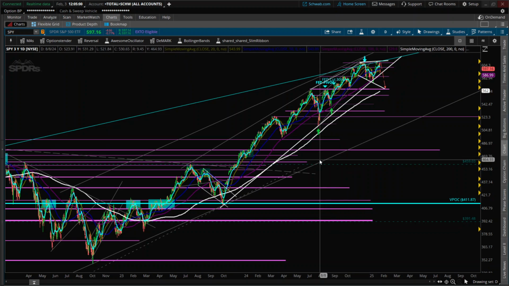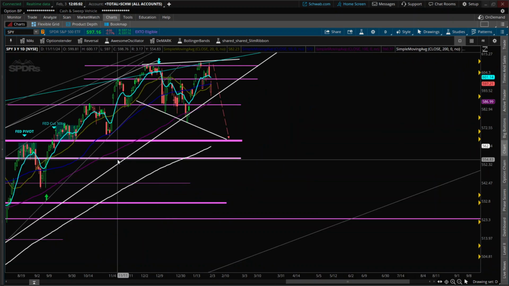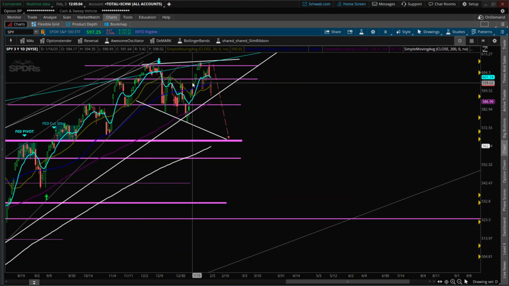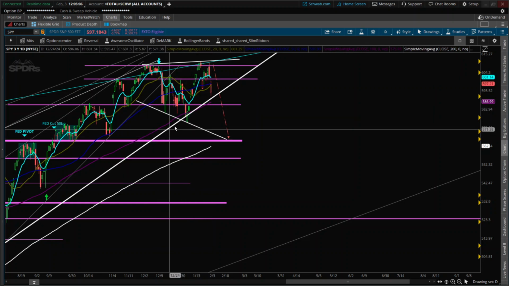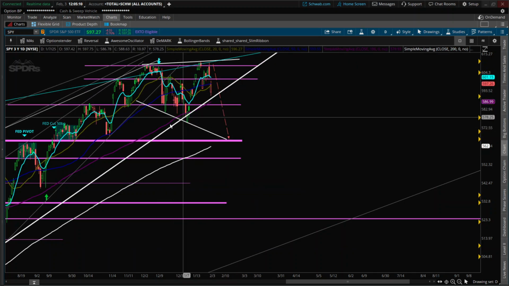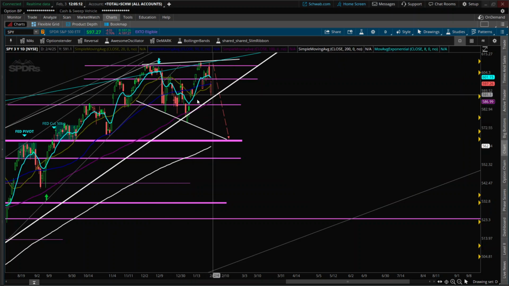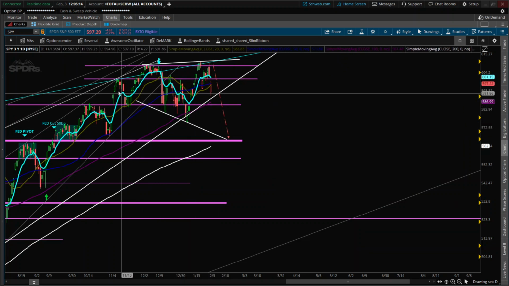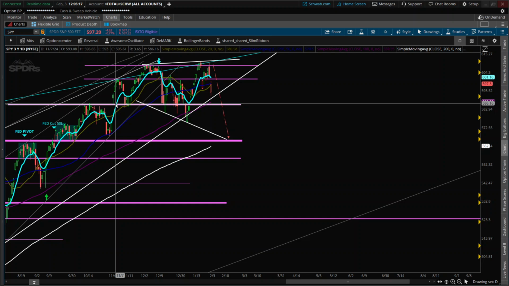On the daily time frame, we had the bearish rising wedge that formed, and this is the trend line as we expanded the wedge. Here's the trend line that's going to be super important, right? Price has really just gone sideways since the election.